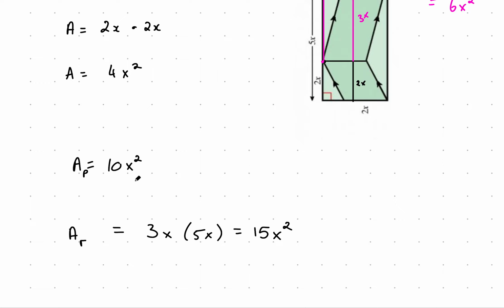So our area of our parallelograms, the two of them together, is 10x squared. So I'm going to get the area of the light region is equal to the area of the rectangle minus the area of our parallelograms, and it's equal to, we'll start with the formula, 15x squared minus 10x squared, and we get 5x squared.